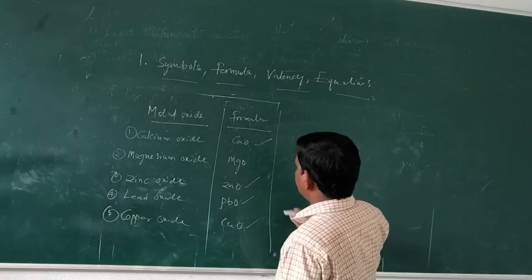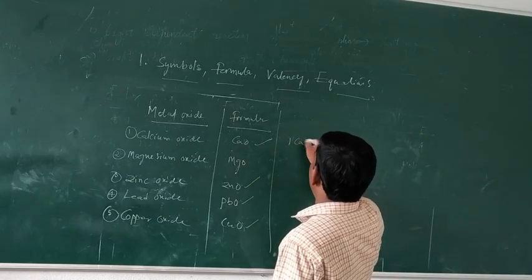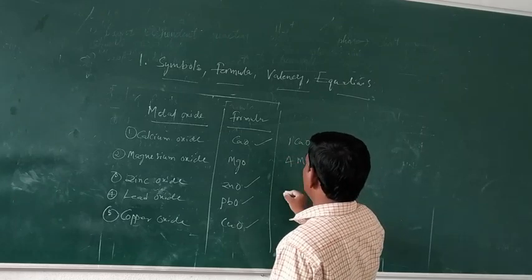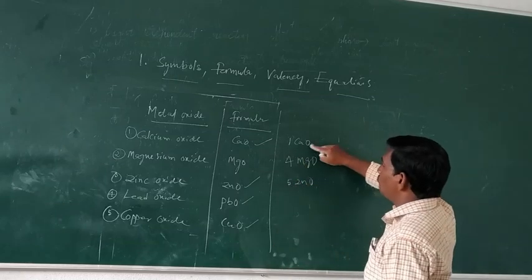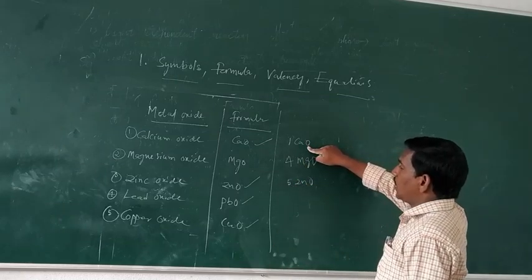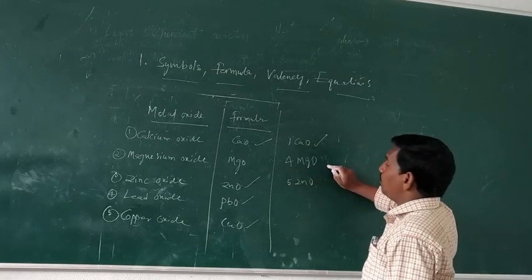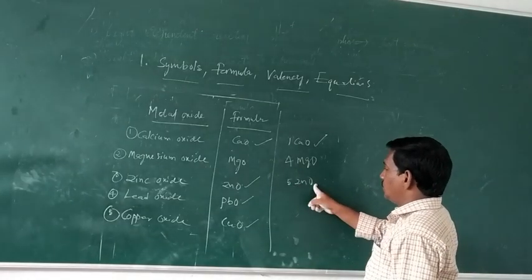So when you take this, 1 CaO, 4 MgO, and 5 ZnO. When you compare, only one molecule of calcium oxide, 4 molecules of magnesium oxide, and 5 molecules of zinc oxide.